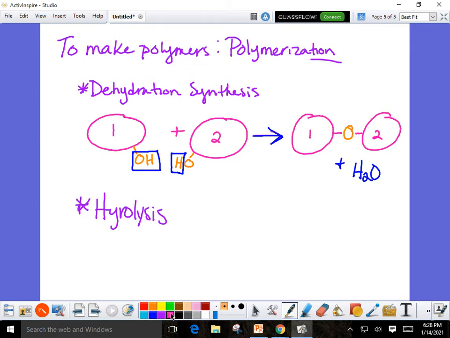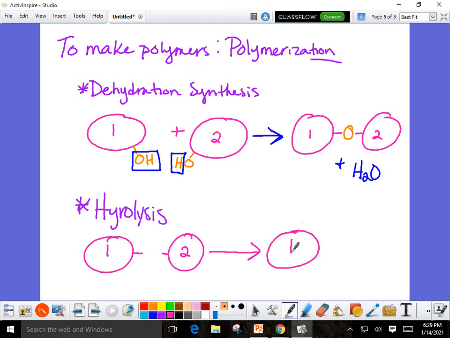So we start with molecule number 1 bound to molecule number 2. And I think we end up with molecule number 1 all by itself and molecule 2 all by itself. All right, let me add in the water here. Oxygen.